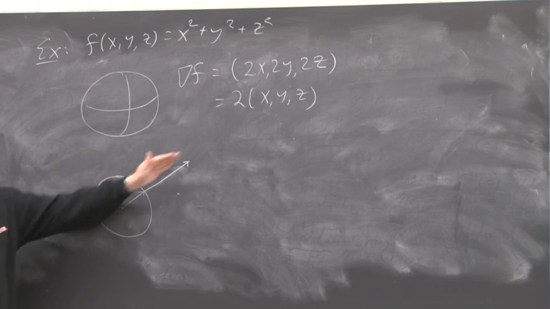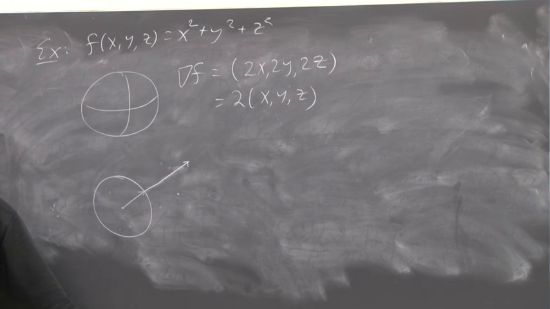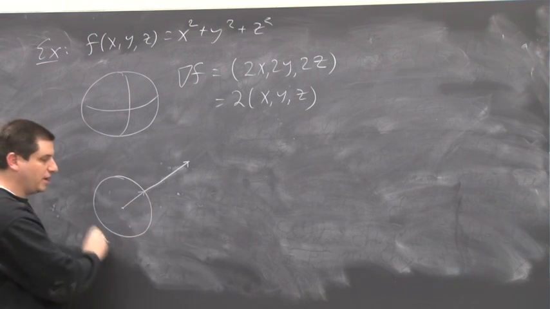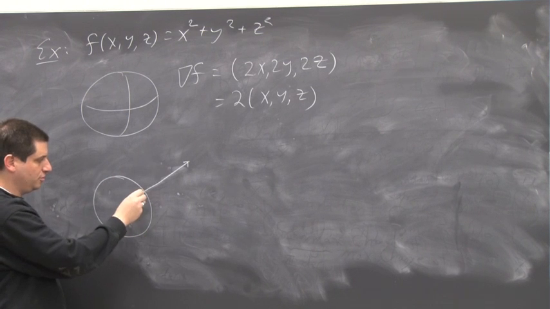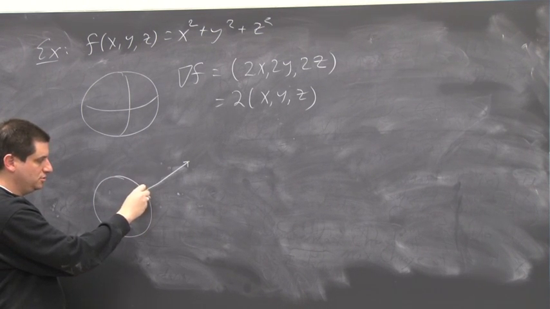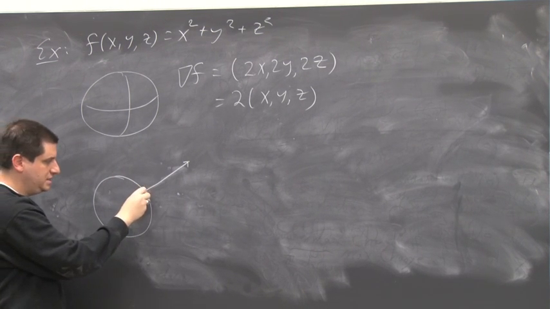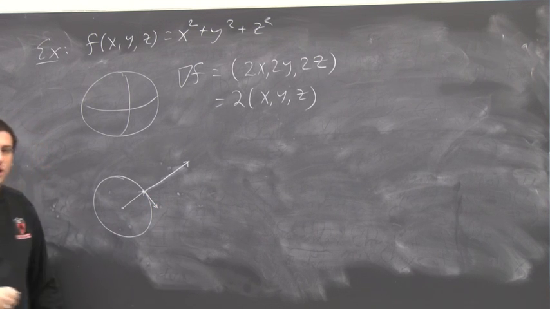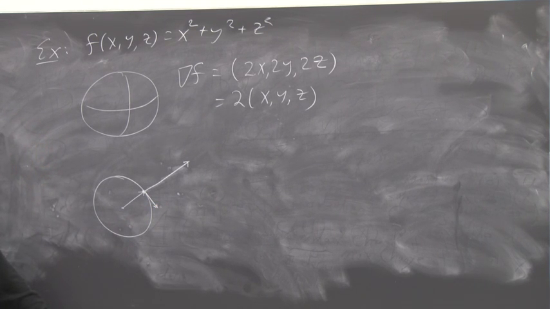It's in the same direction as my vector. And if you notice, it is normal to the circle or normal to the sphere. If I'm going around and around on the sphere or on the circle, if I want to stay on the circle, instantaneously I want to move in this direction.